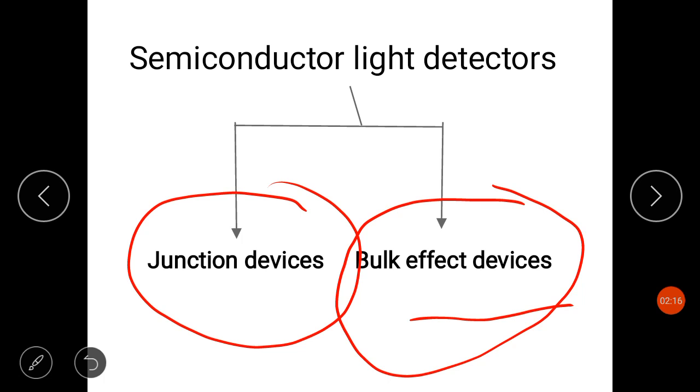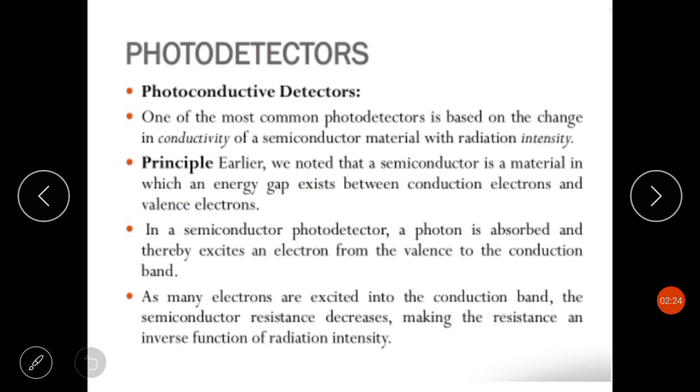The photoconductive cell that I'll be discussing in this lecture is basically a bulk effect device. So what is a photoconductive cell? Since it is a bulk effect device, it has no junction. The principle is that its bulk resistivity will decrease with increasing illumination, allowing more photocurrent to flow.